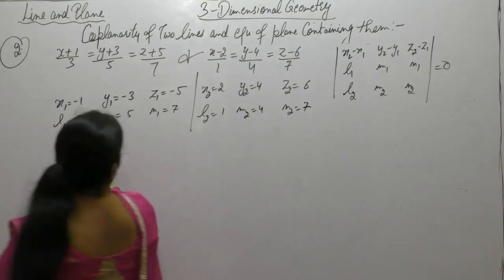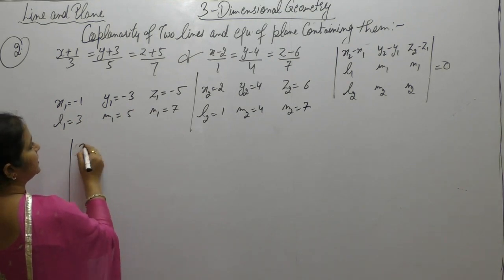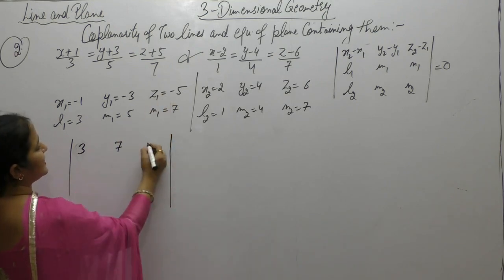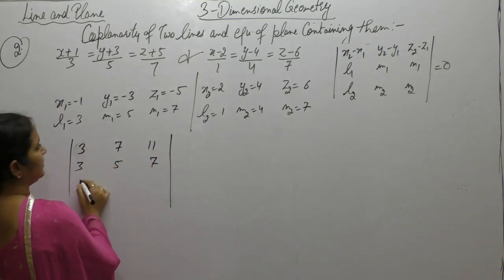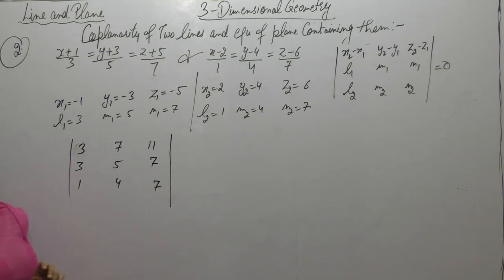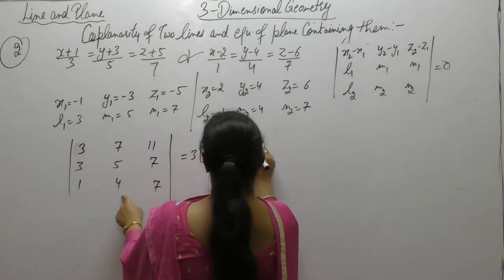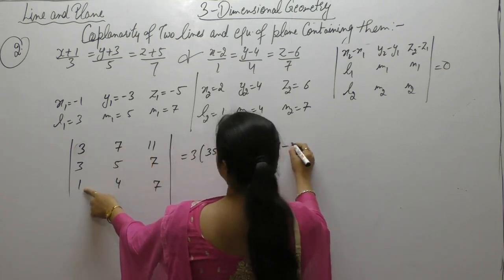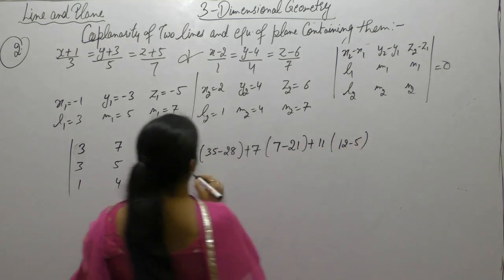Put the values: x2 minus x1 is 2 minus minus 1, plus 1, which is 3. y2 minus y1 is 4 minus minus 3, which is 7. z2 minus z1 is 6 minus minus 5, which is 11. Then L1 M1 N1, L2 M2 and N2. Now solve these values. What do we get? 3 into 7 into 5 minus 7 into 4, 7 into 1 minus 7 into 3, plus 11 into 12 minus 5.